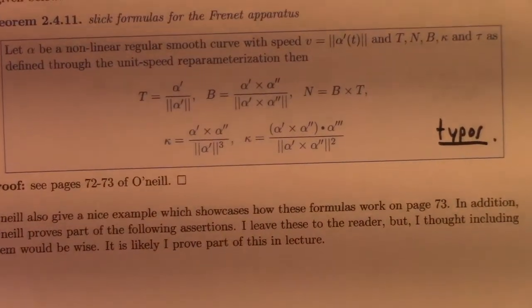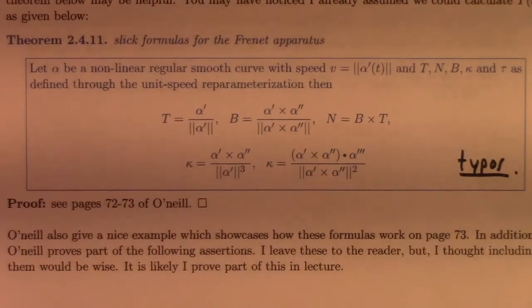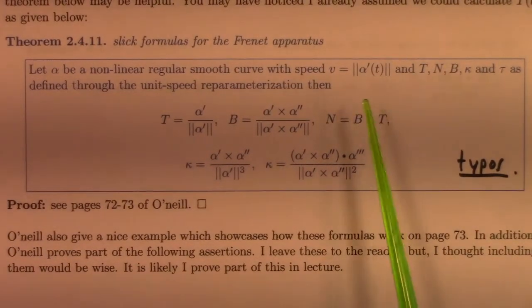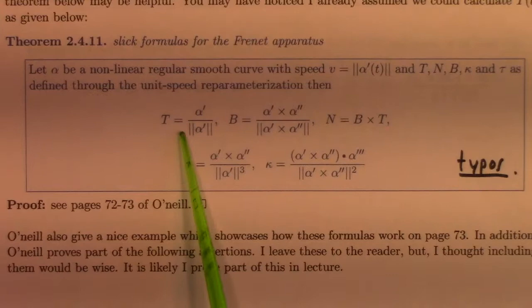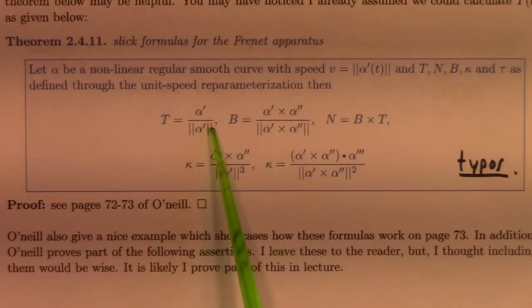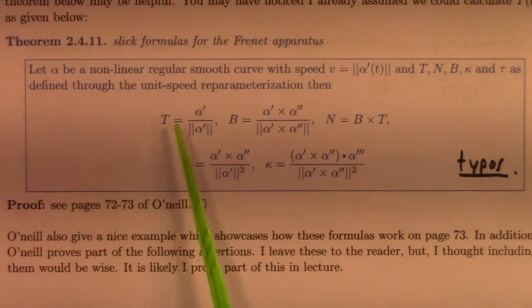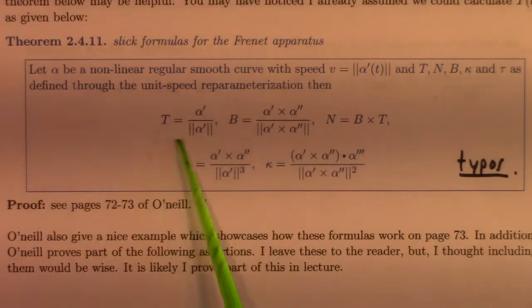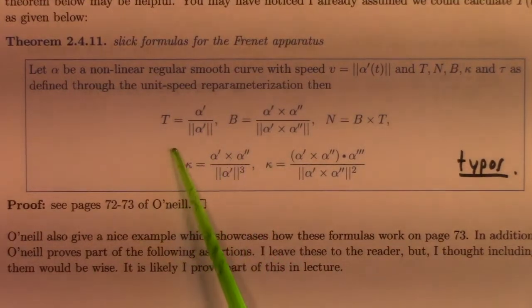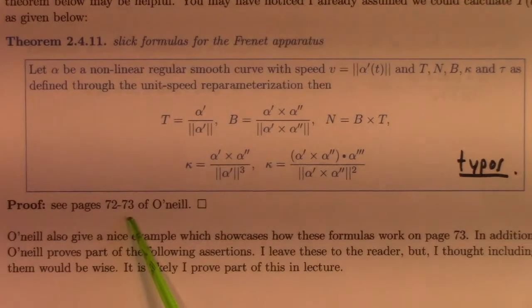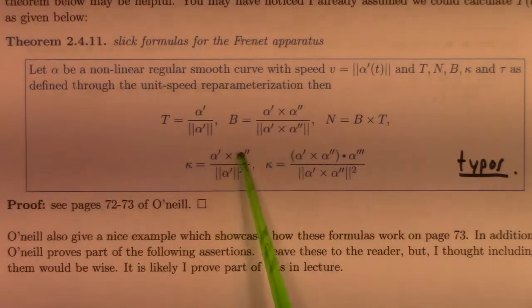So, obviously, if you're actually going to do a bunch of calculations, it's nice to have some stone cold formulas. Obviously, t prime is alpha prime over the length of alpha prime. There's a little fine print there that needs to be addressed because of the reparameterization issue. I think this, again, is on pages 72 to 73 of O'Neill.